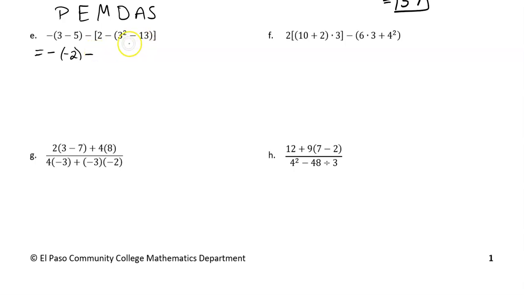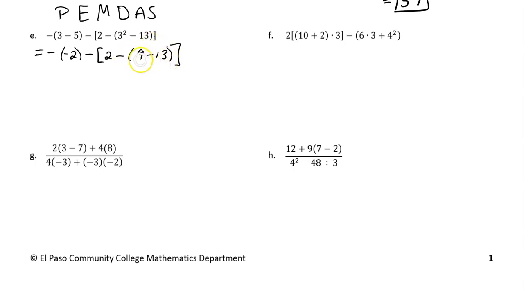Then I'm going to go to my next part of my expression here. I'll deal with the brackets in a little bit. Let's simplify the innermost parentheses in this case. And inside these parentheses, I notice I have an exponent. So I'm going to do that exponent before I do subtraction, because exponents come before subtraction. So 3 squared, 3 times 3 is 9, minus the 13.